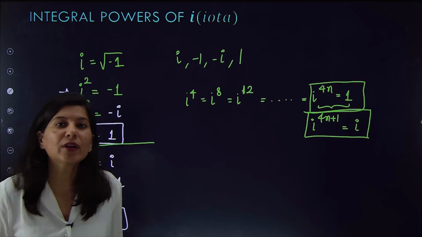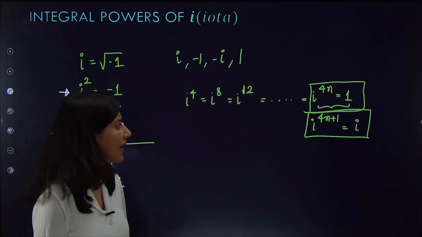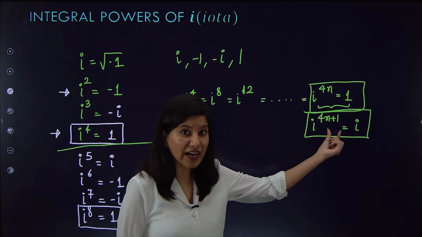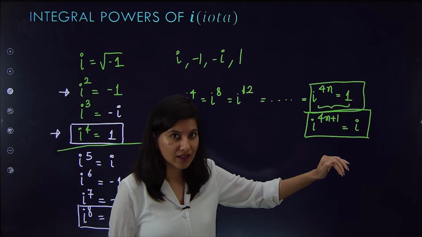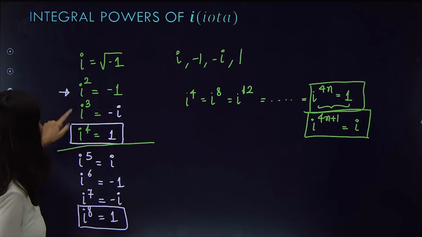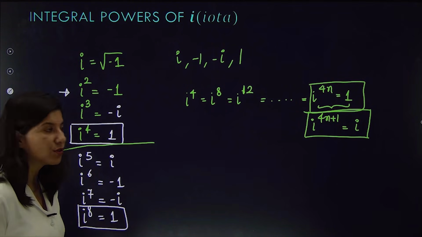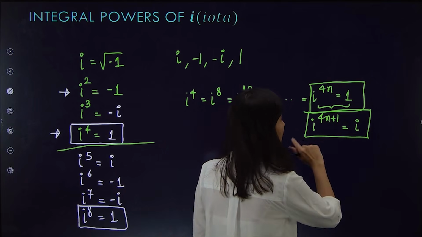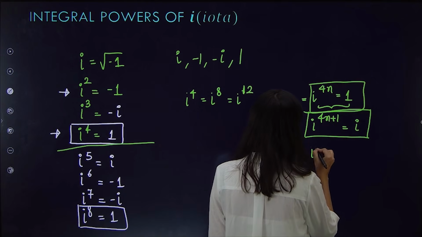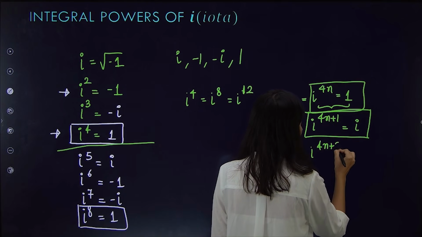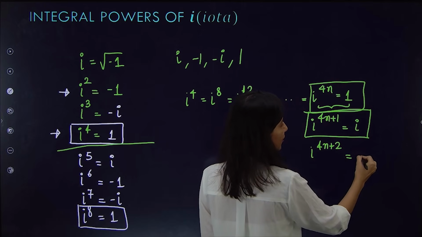In iota power 4n plus 1 format, the power can be 1, 5, 9, right? So iota power 1 is iota, iota power 5 is iota, iota power 9 is also iota. Now if you multiply one more iota both the sides, iota power 4n plus 2 will be iota square, which is minus 1.